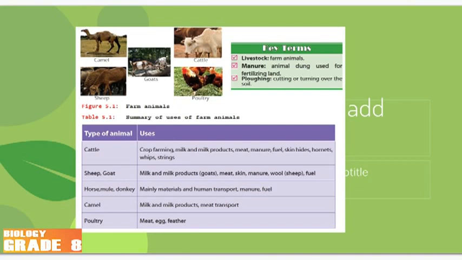Horses, mules, and donkeys are mainly used for materials and human transport, manure, and fuel. Camels are used for milk and milk products, meat, and transport. And poultry, the uses are meat, eggs, and feathers.